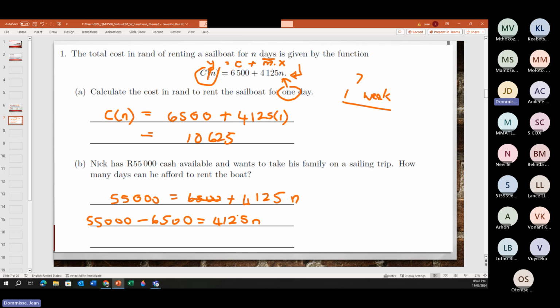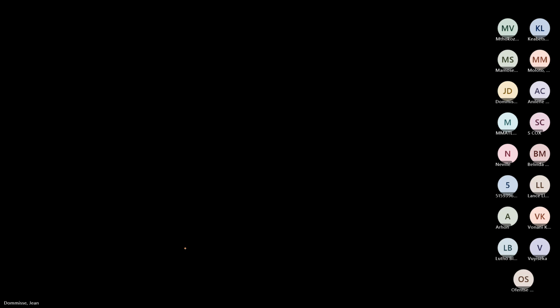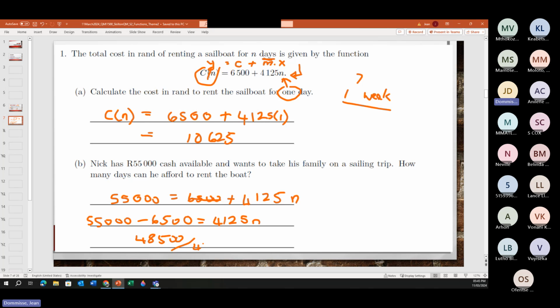Then it is 55,000 minus 6,500, which gives us 48,500. And that we will need to divide by the 4,125 to get the number of days that you will be able to rent the boat.